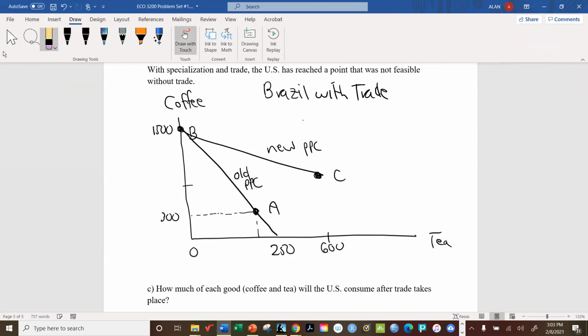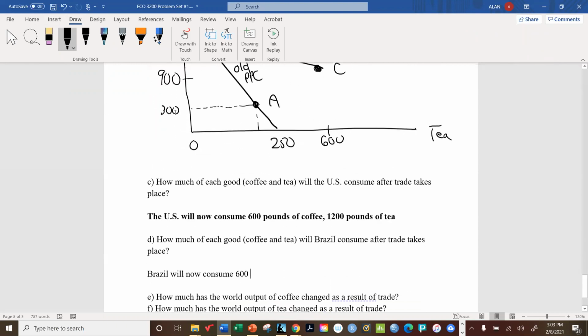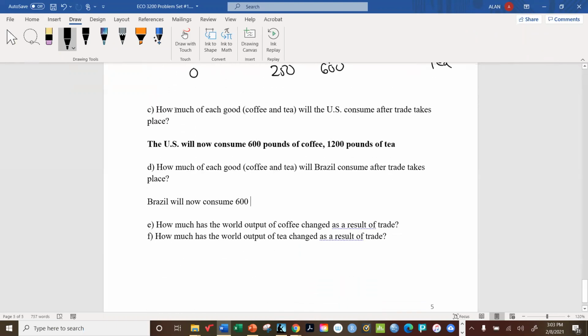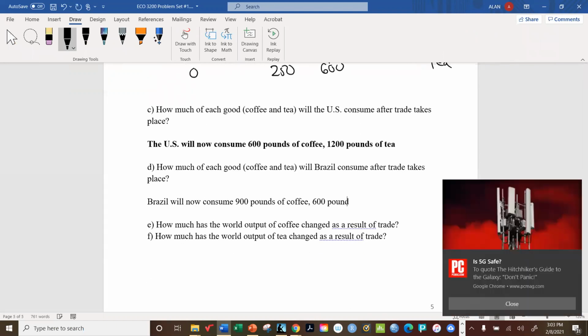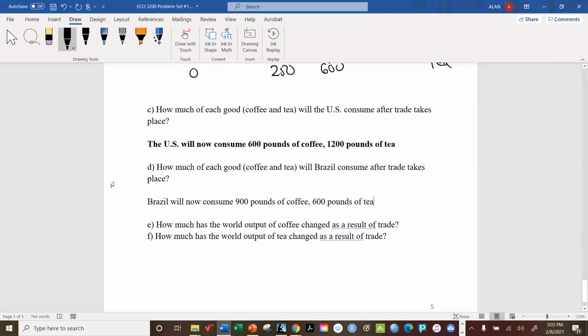Because we made 1,500 pounds of coffee, but we traded away 600. We have 900 coffees and 600 teas. That's better. So now Brazil can consume 900 pounds of coffee and 600 pounds of tea.